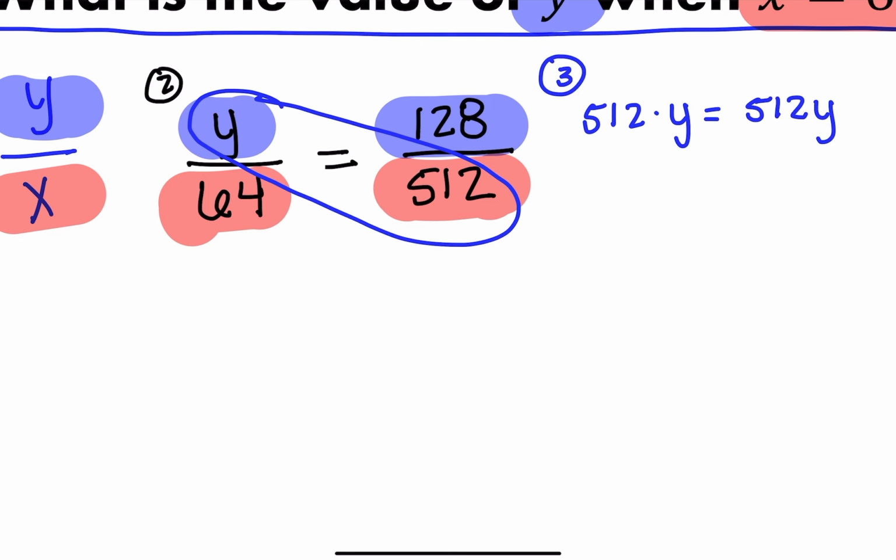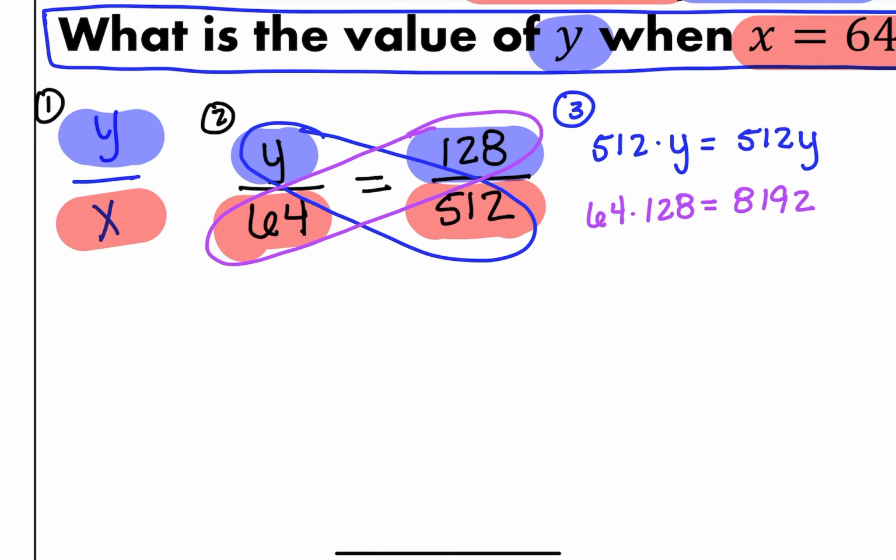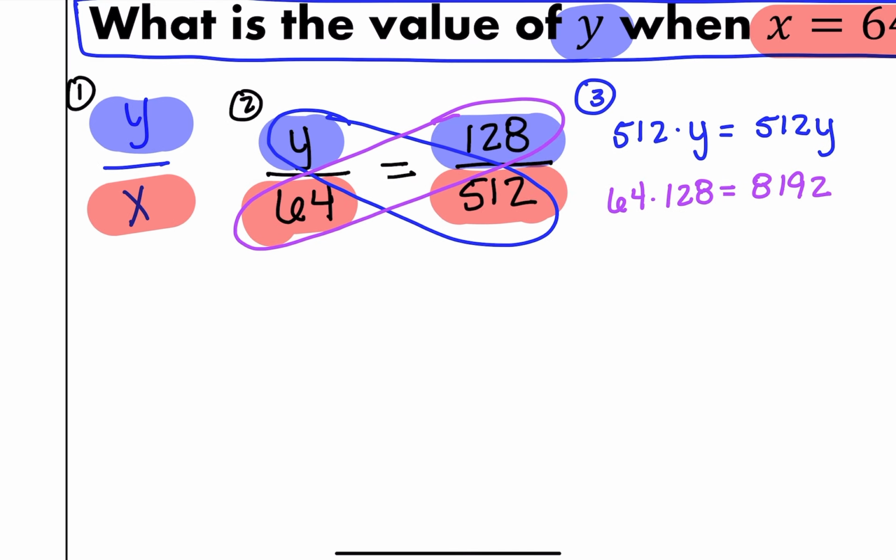Then I'm going to do the same thing to the other side, the other 2 numbers, which is 64 times 128. So when you put that in your calculator, 64 times 128 is going to equal 8,192. So then I'm going to go ahead and write that down. I have 512y is equal to 8,192.